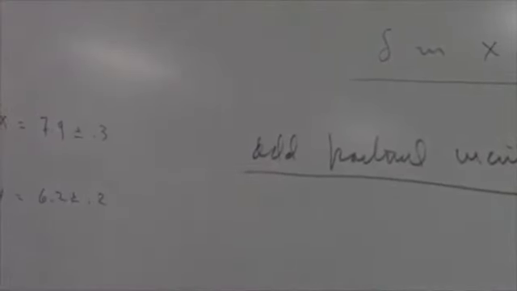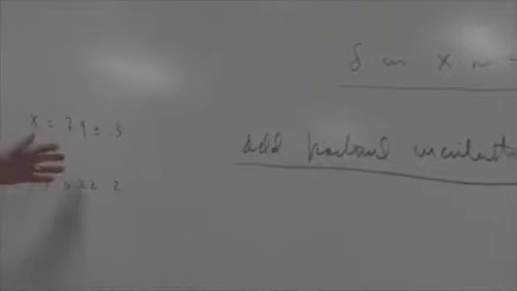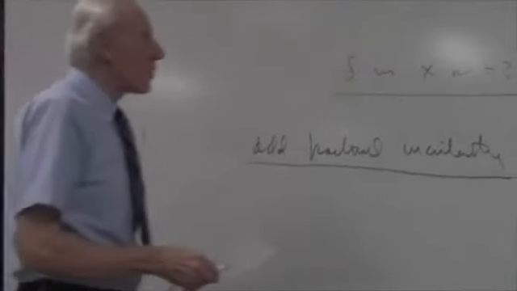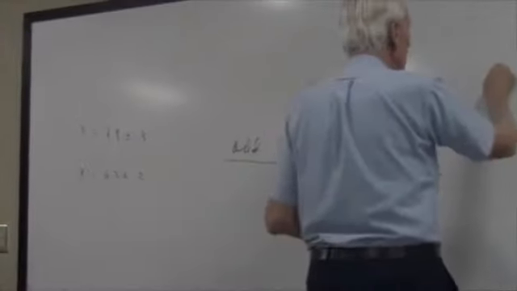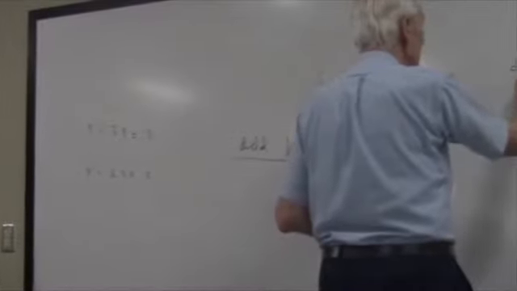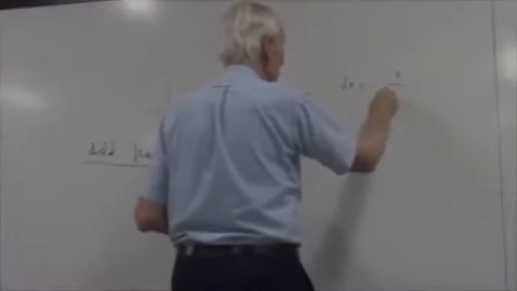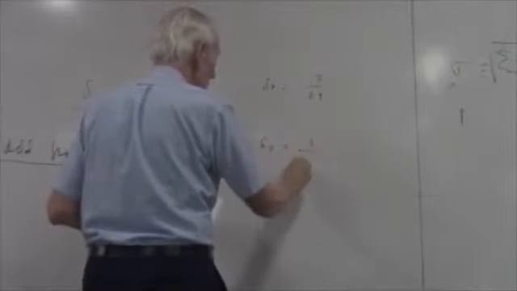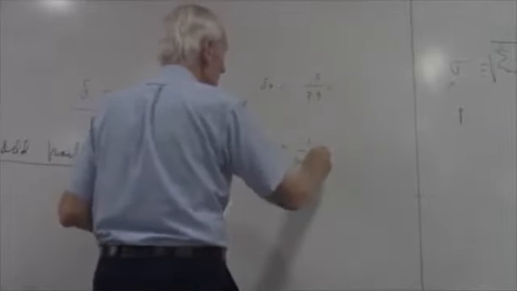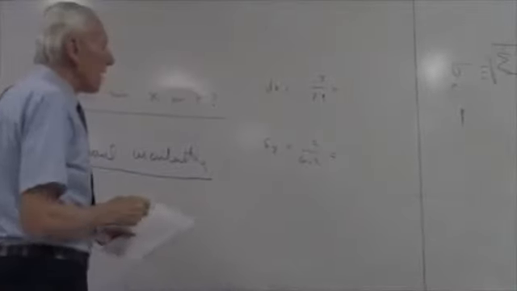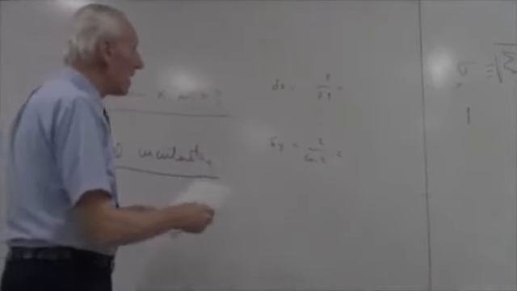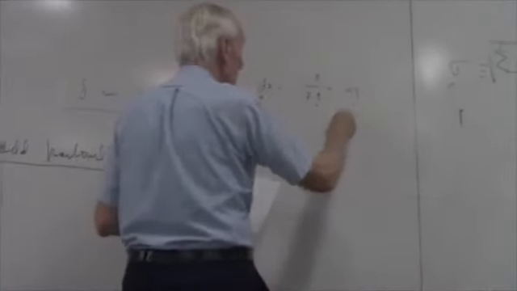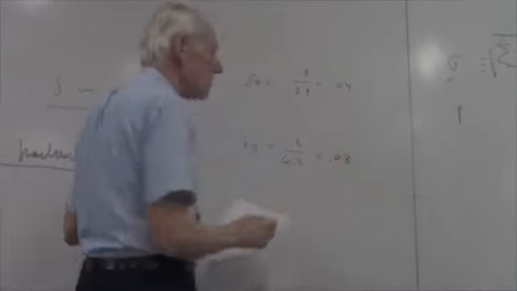Okay, so that means we got to get the fractional errors. So what are these fractional errors? Well, for x, that would be 0.3 divided by 7.9. And for y, that would be 0.2 divided by 6.2. And if you calculate these, this is 0.04 and this is 0.03.